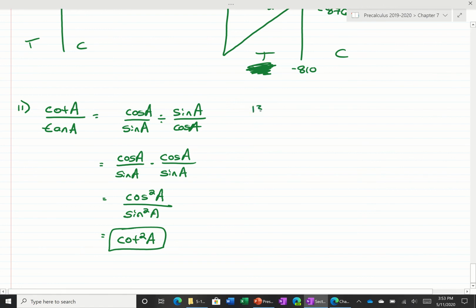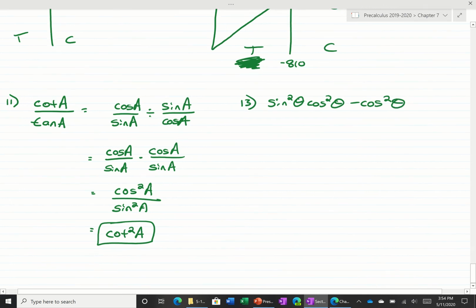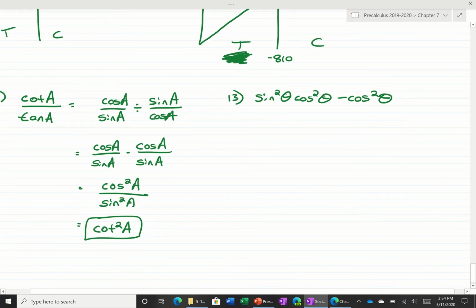And our last problem, number 13, it says we have sine squared of theta cosine squared of theta, minus cosine squared of theta. All right, so there are a few different ways we can handle this. It's already in sines and cosines. So one thing that I'm going to do, we're looking to simplify this.